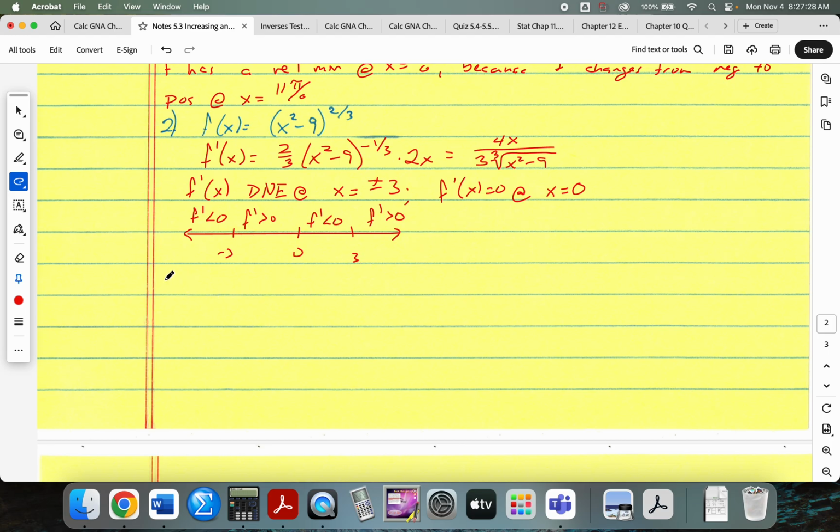So what happens at x equals negative 3? Is it a relative minimum? Yes. At x equals negative 3. Do we have another one where we have a relative minimum? 3. Yeah. Might as well get them both in.